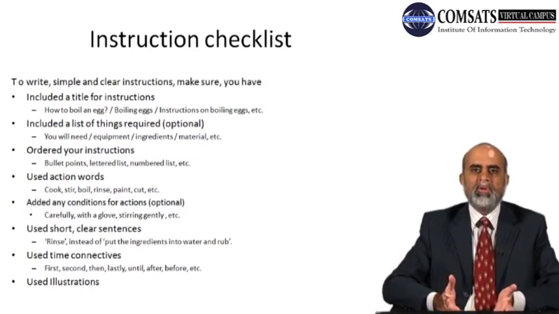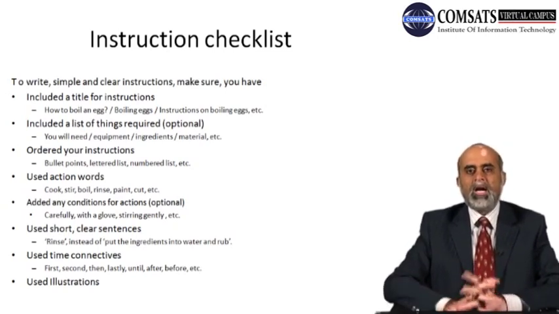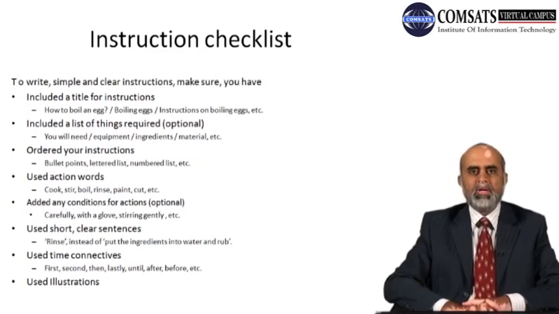For example, before you cook rice, you rinse it. By rinse, I mean you wash it in water. Okay, so instead of giving long, unclear instructions, you should look for the precise, the exact word that can describe the process, that can describe that action.